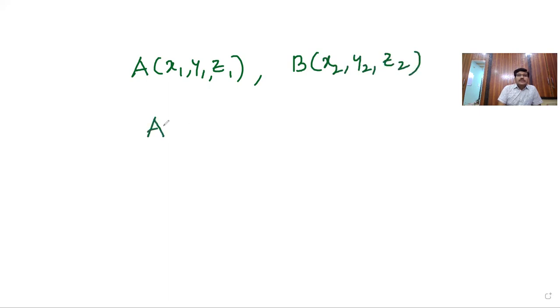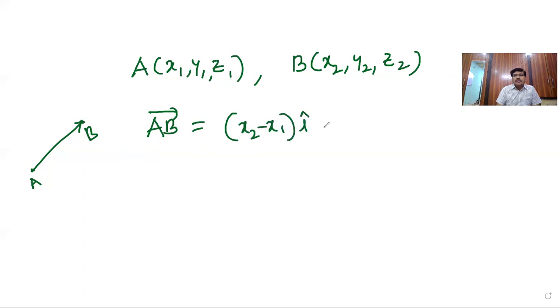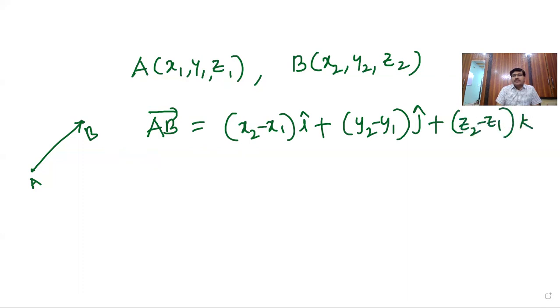If I want to represent the AB bar vector starting from A to B, tail to head, then simply take the difference of the coordinates: (x2 minus x1) i cap plus (y2 minus y1) j cap plus (z2 minus z1) k cap.